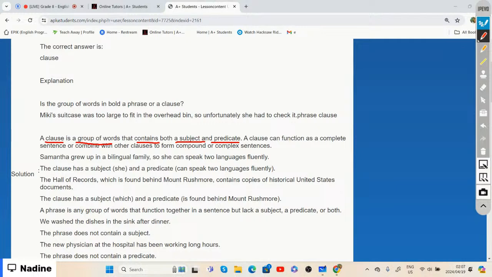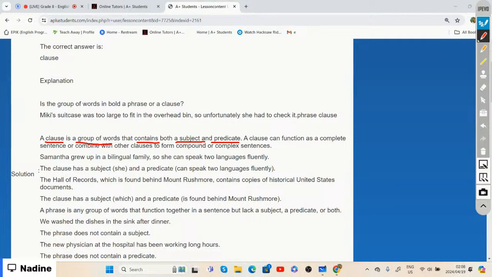Or we can say, the hall of records, which is found behind Mount Rushmore, contains copies of historical United States documents. In this case, the clause is which is the subject, and the predicate, which is found behind Mount Rushmore.